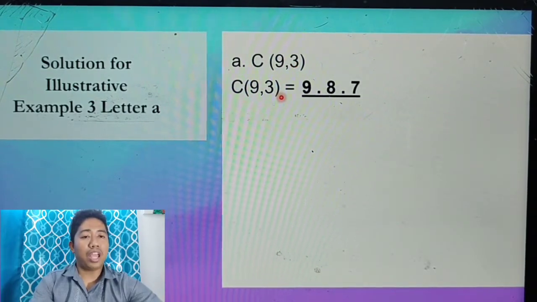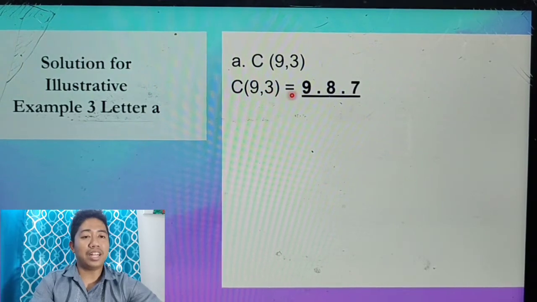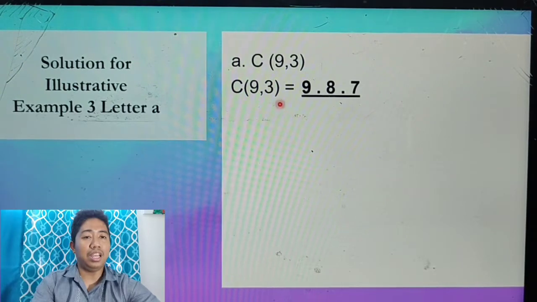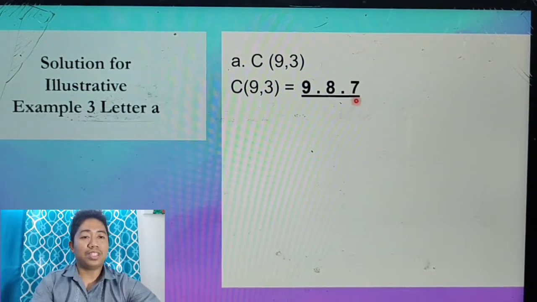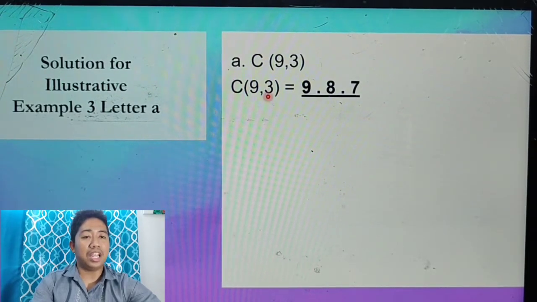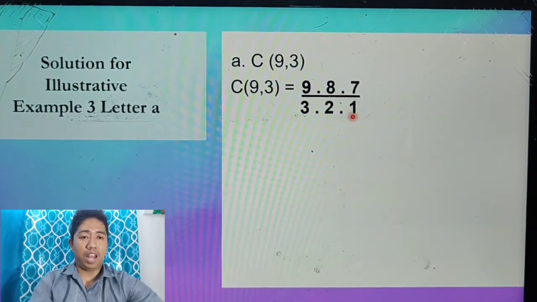So we permutate the two numbers 9 and 3, which is 9 taken 3. Start with 9 times 8 times 7, so 3 numbers. And then we factorialize the smaller value, which is the value of r, 3. So 3 factorial becomes 3 times 2 times 1.